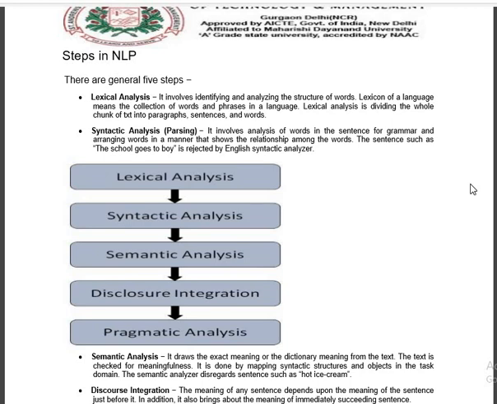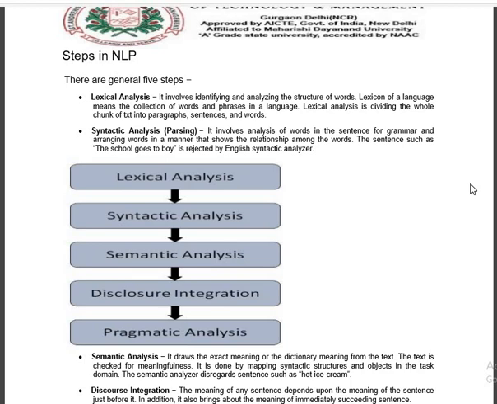Mostly students study the lexical part in the field of compiler design, where punctuation, question marks, exclamatory symbols, equal-to symbols and quotation marks are analyzed. So let's have a definition. It involves identifying and analyzing the structure of the lexicon of the language, meaning the collection of words and phrases used in a particular language.